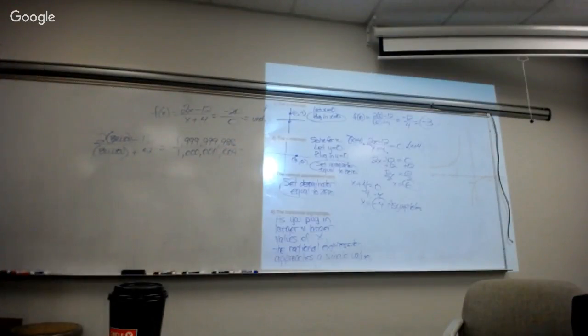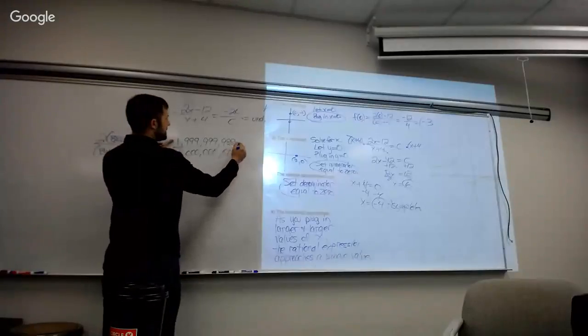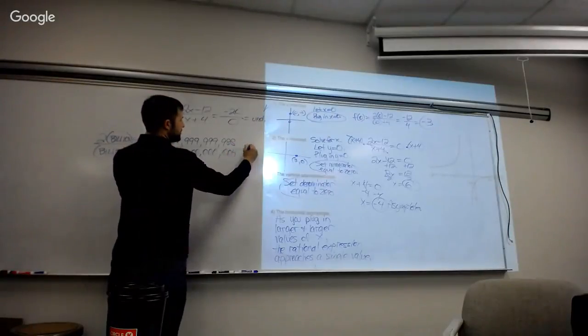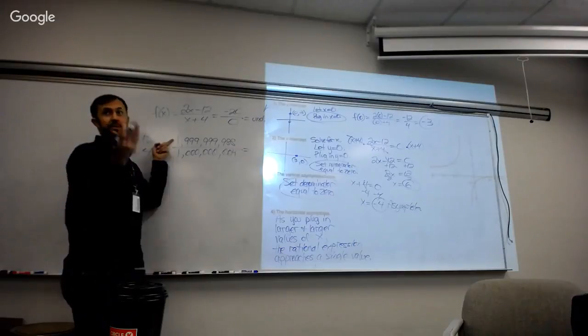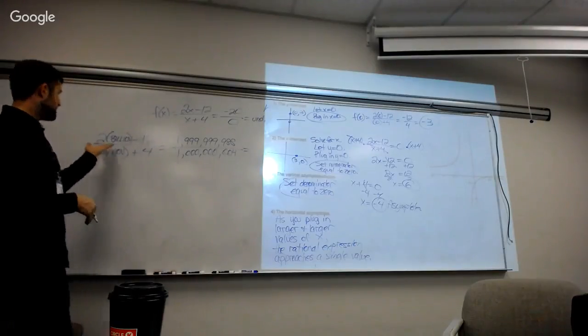Well, let's round, shall we? What does 1,999,999,988 round to? 2 billion. It really just rounds to 2 billion.